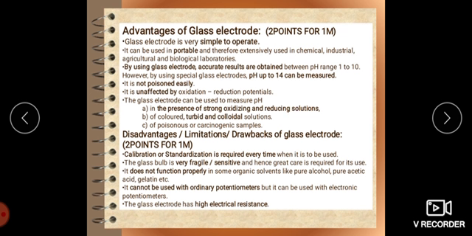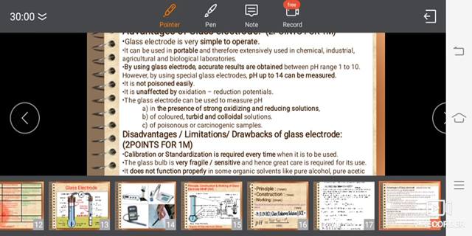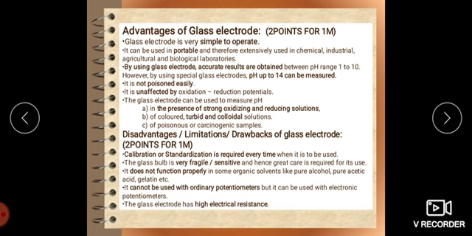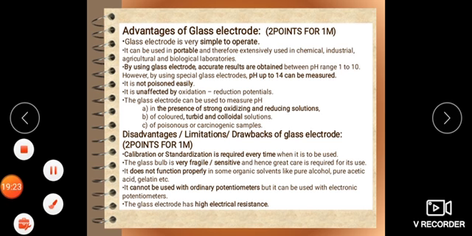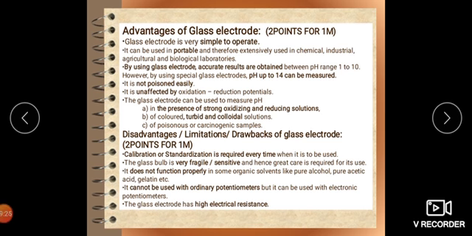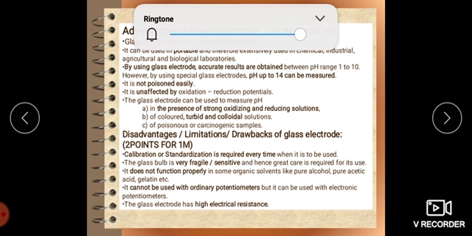But the glass electrode has some drawbacks and limitations. The pH meter requires calibration every time it is to be used. That is one of the drawbacks of using the glass electrode.